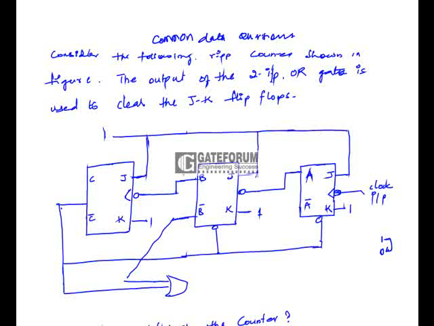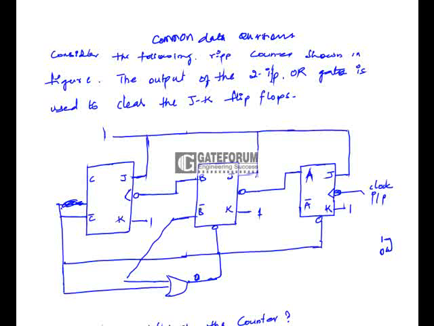So let us take an initial state, and here the OR gate is used to clear the flip-flops. It will clear the flip-flops whenever the output of the OR gate is 0.